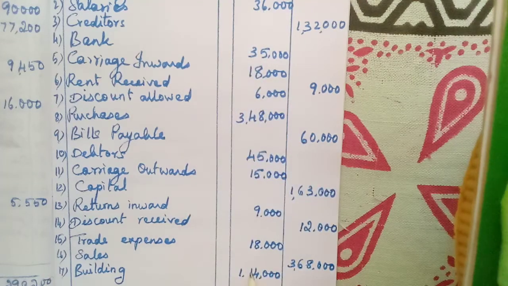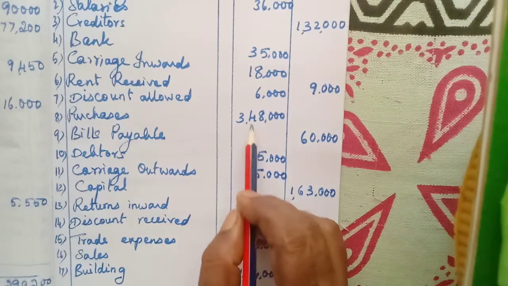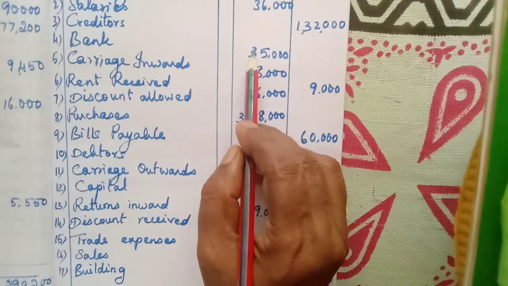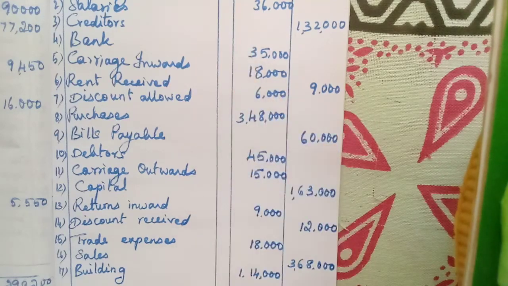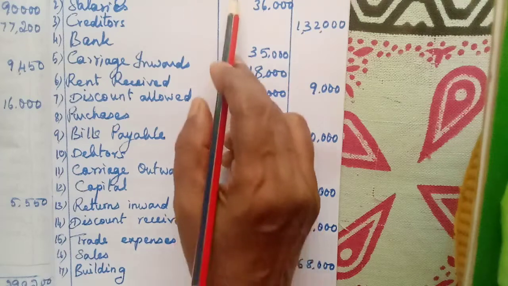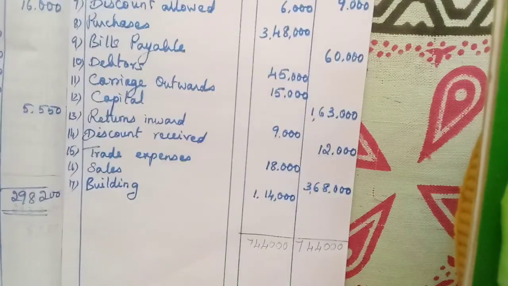Balance 6 plus 1, 7, 8, 9, 13, 17, 18, 21, 24. Balance 2 plus 1, 3, 3 plus 3, 6 plus 1, 7. So we have got the same answer.